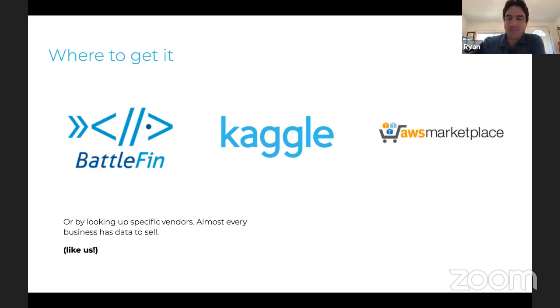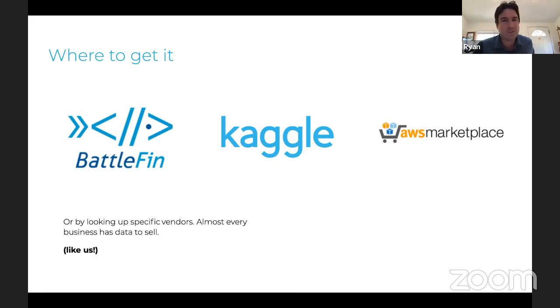Battlefin is probably the number one place where that undergrad working at a hedge fund would go to acquire a data set. They're based in New York City. They are basically known as the number one marketplace for alternative data sets. They host a big conference every year. Of course, now it's gone virtual. I think they now do two per year.